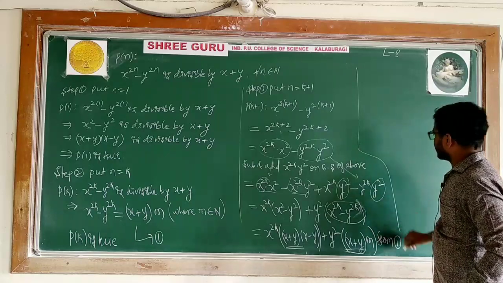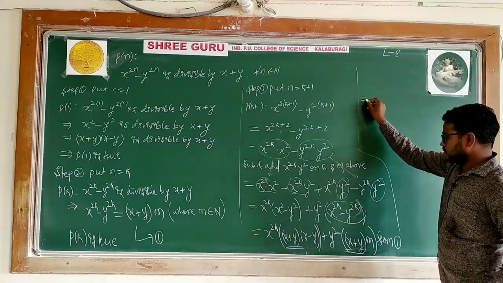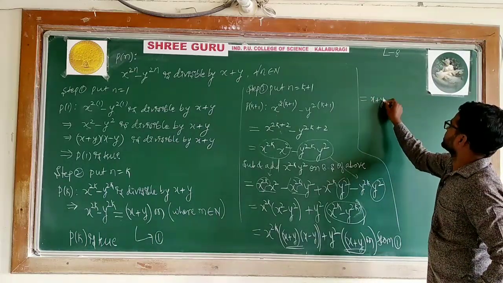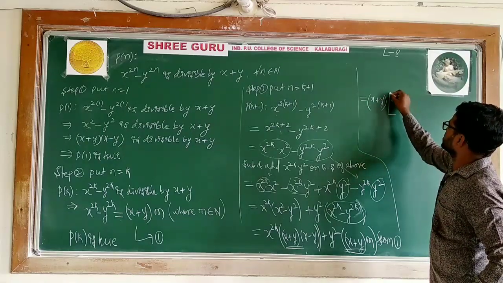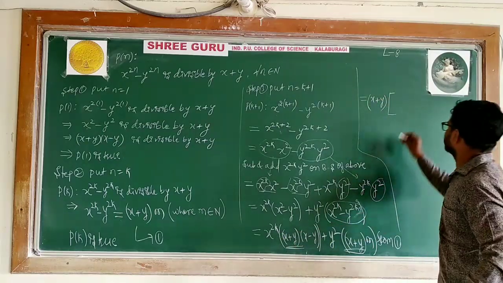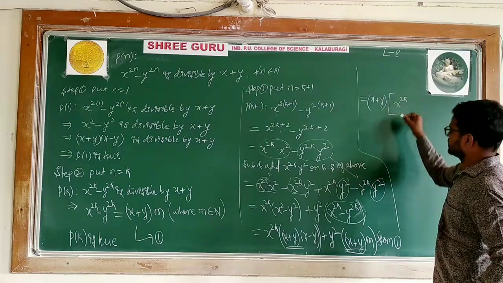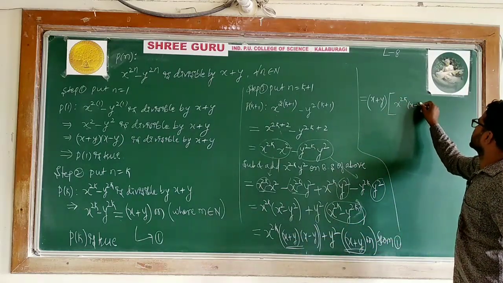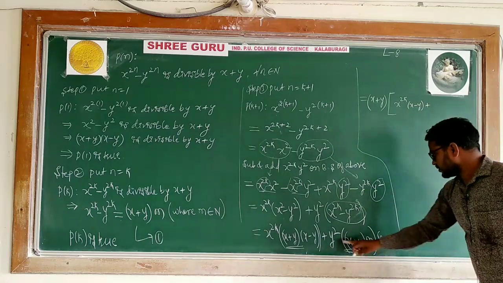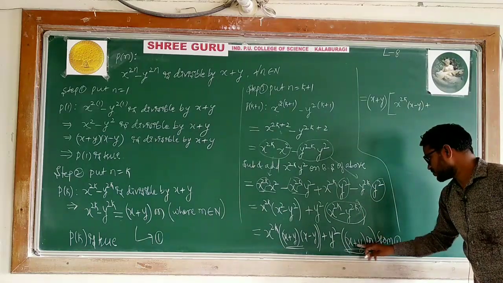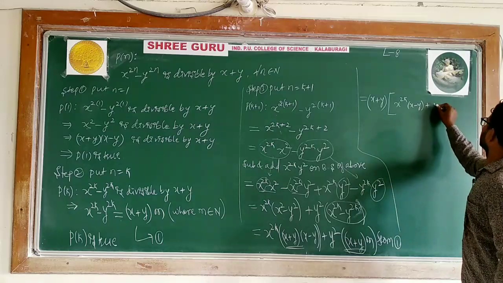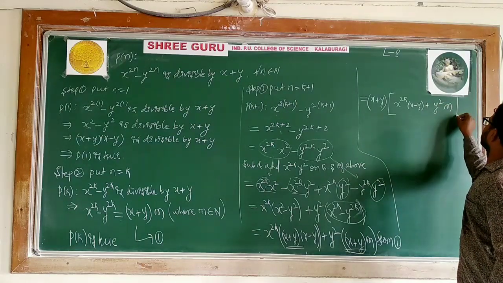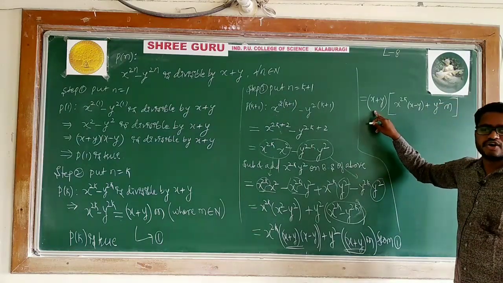Now you can say that it implies, what is the common? x plus y. x plus y is common, means what remains? x to the power 2k. x plus y goes, means only x minus y remains. Then plus, x plus y goes, what remains? y square into m. Means what happened? I got x plus y common, no?